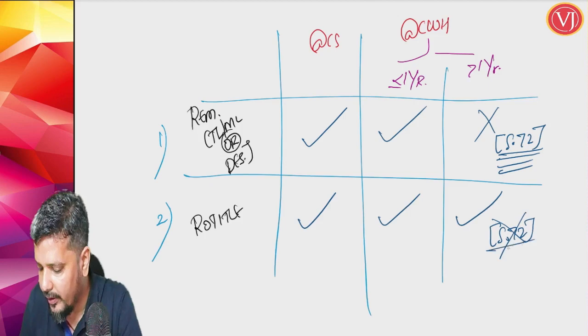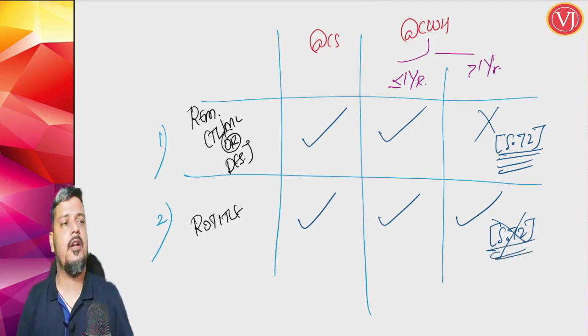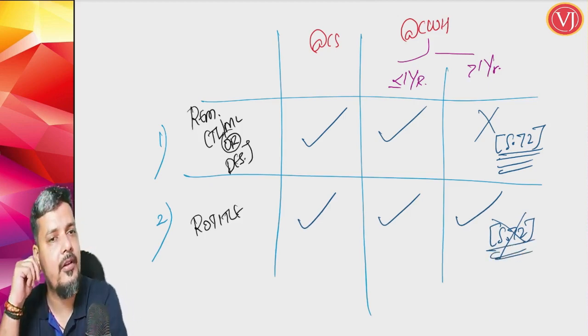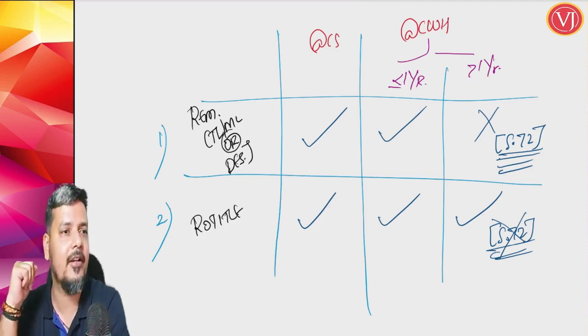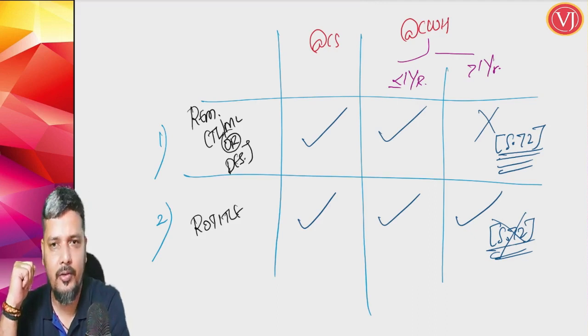Here they don't consider section 72, deemed to be removed. They should have considered here, but they don't consider.